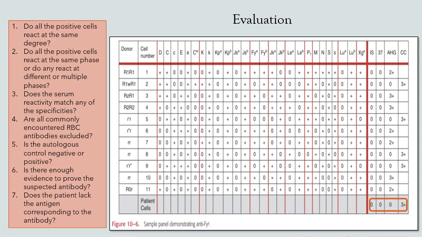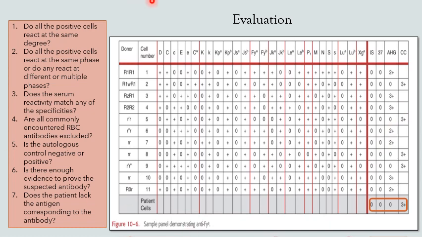In this figure, you will notice that the reaction strengths are 2+ and 3+. So multiple antibodies or a single antibody showing dosage is considered.